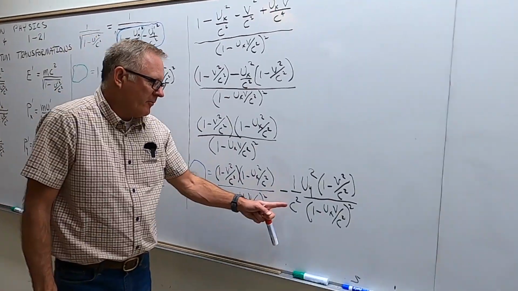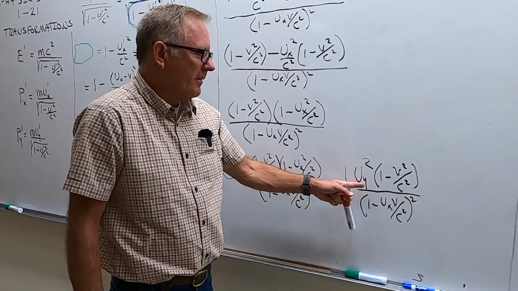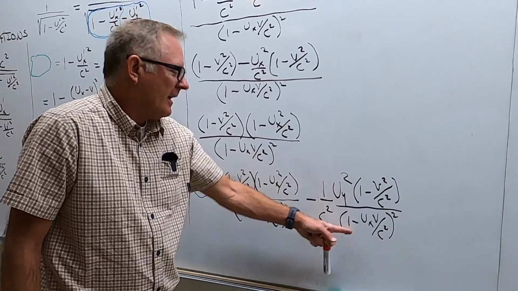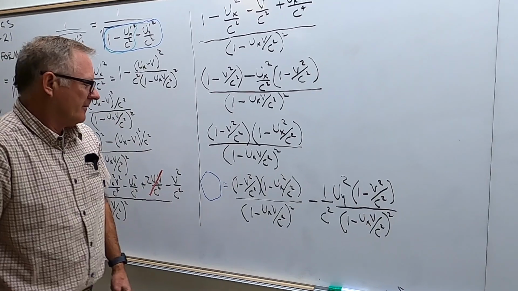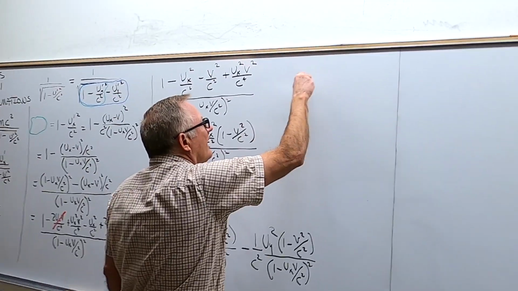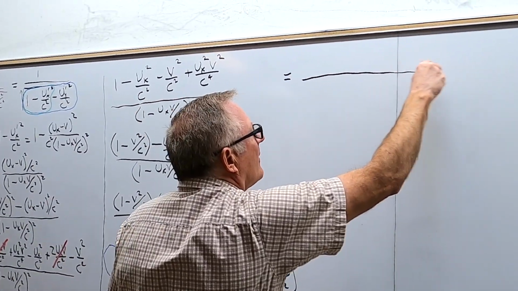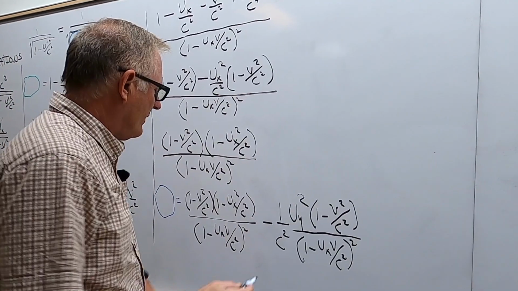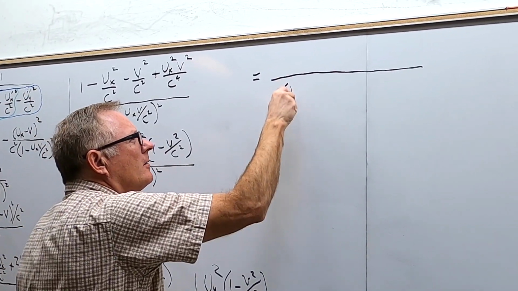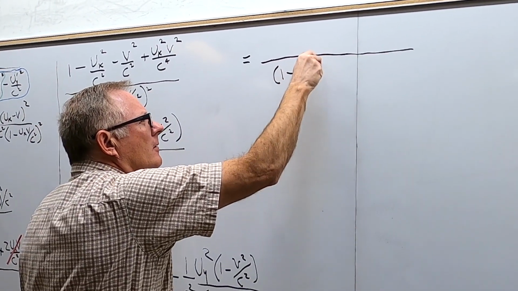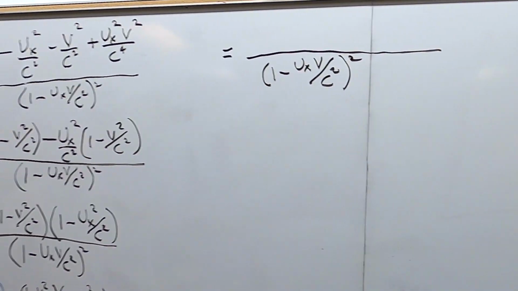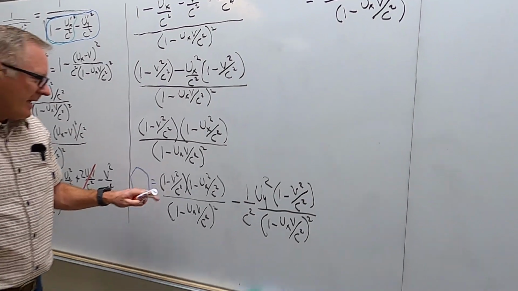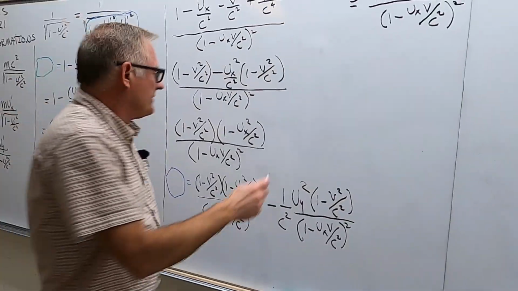Just like I did before, I'm going to take this c squared and put it up above underneath here, so that I have a common denominator. So now in my denominator I have 1 minus uxv over c squared, squared. And then in the numerator, I have 1 minus v squared over c squared.